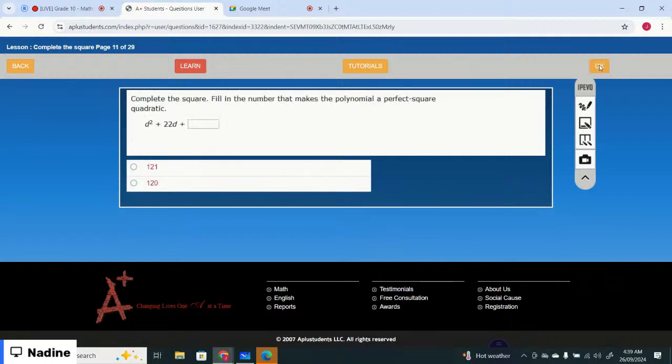Very good. The next one is complete the square d square plus 22d.